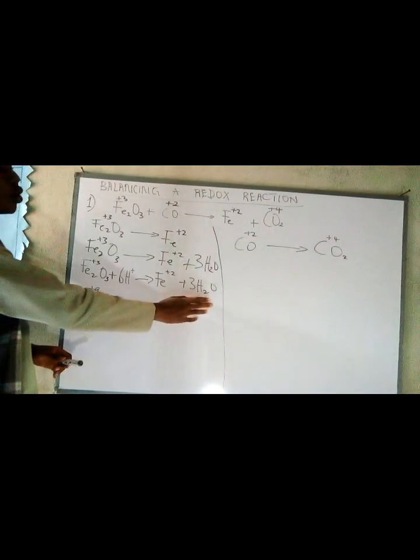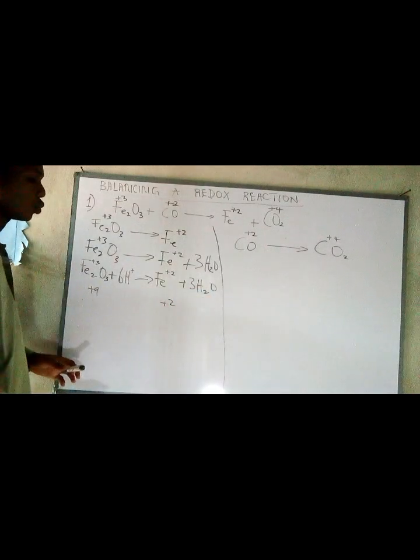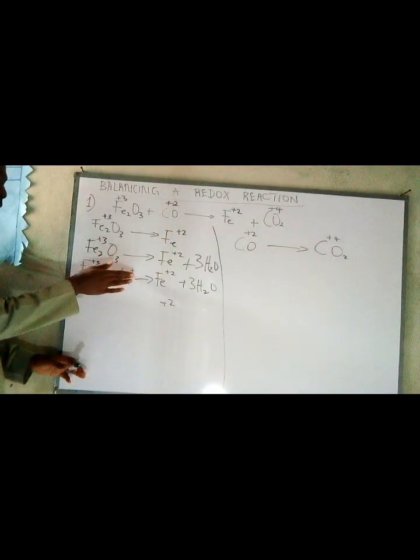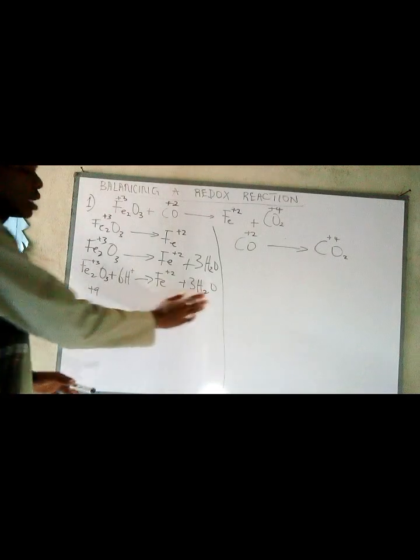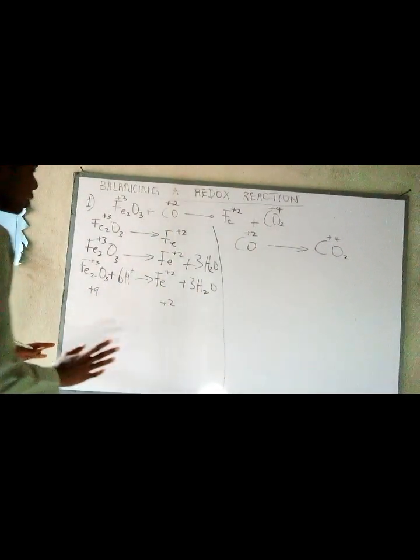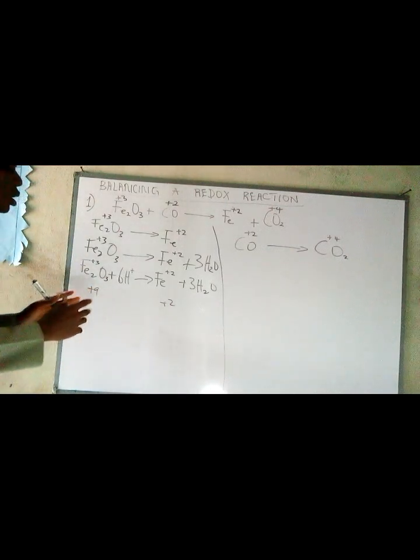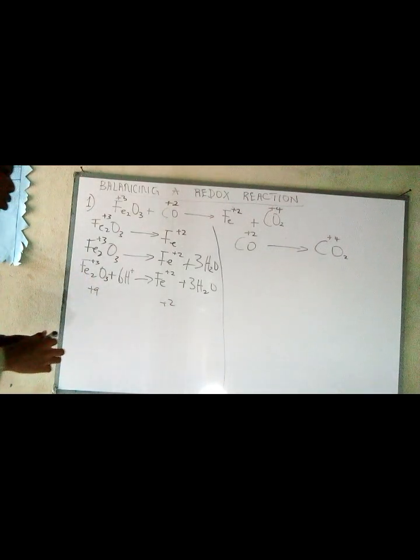Because we don't assign oxidation number to the water molecule. We can only assign it to this hydrogen ion, but the water molecule no, so we don't count it. So alright, from here we can deduce that we need 7 electrons.